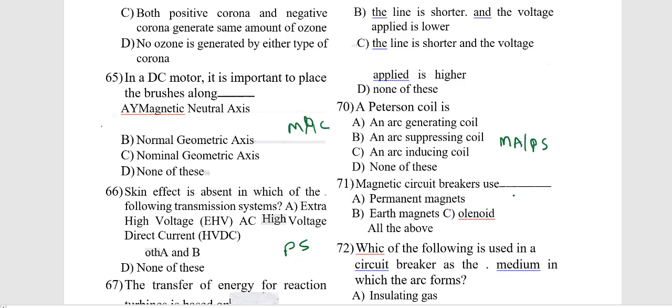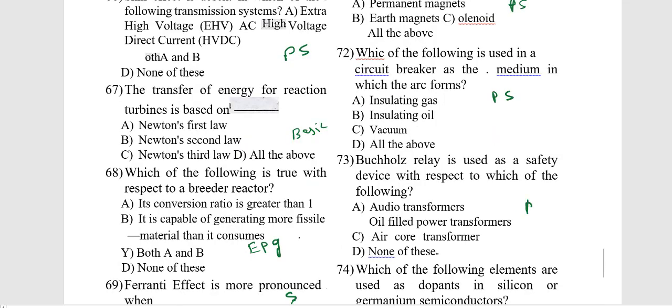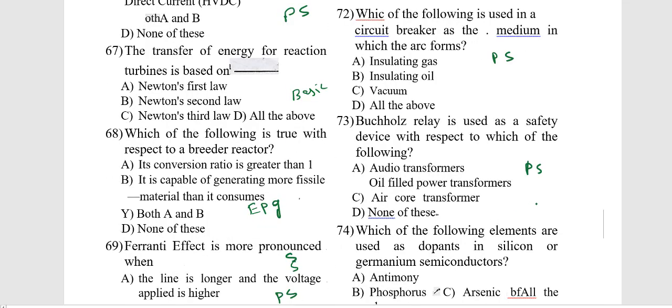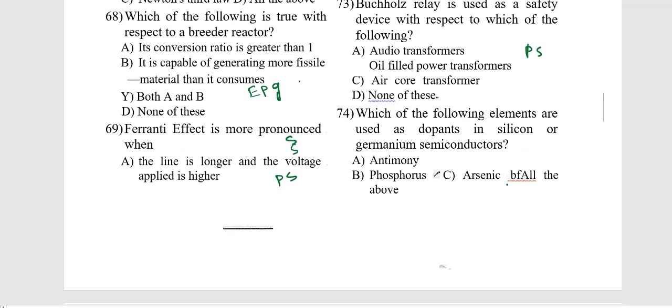Magnetic circuit breakers, power system security, power systems. Buchholz relay, everything comes under power system security. Because they have asked Buchholz relay because it is a very important thing in your operation and maintenance of KPTCL transformers and all.